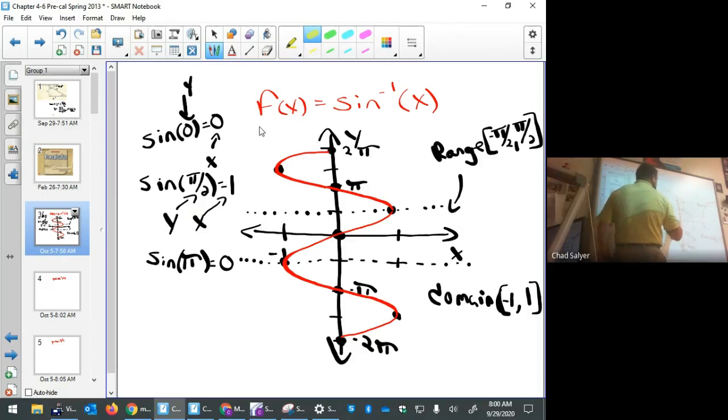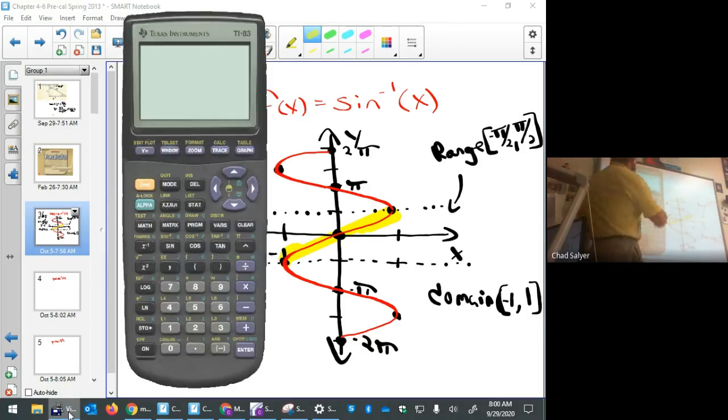Now, just do a highlighter here. It's going to snap to a straight line, but you guys know that's not exactly straight. It's just slightly curved.